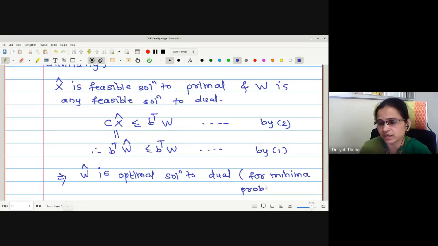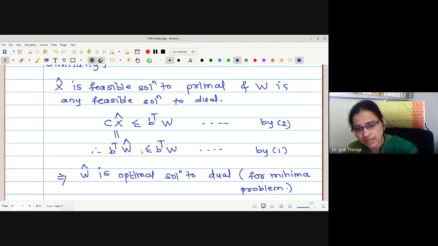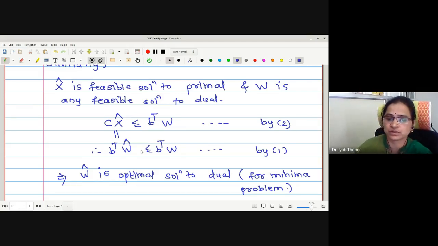Because whenever the primal is maximum, the dual should be minimum.